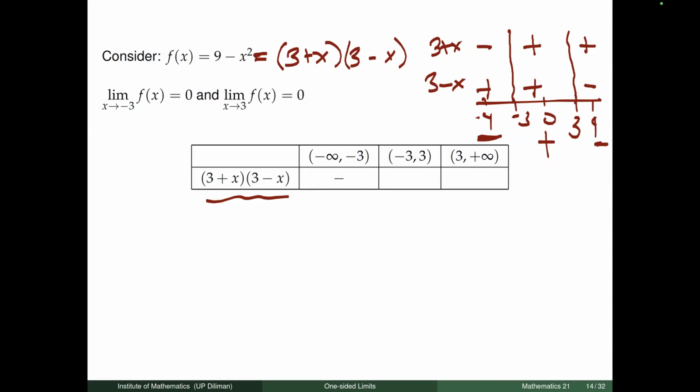So from negative 3 going to negative infinity on the left, it is negative. From negative 3 going to positive 3, it is positive. And from 3 going to plus infinity, it is negative. And that's what we have here.